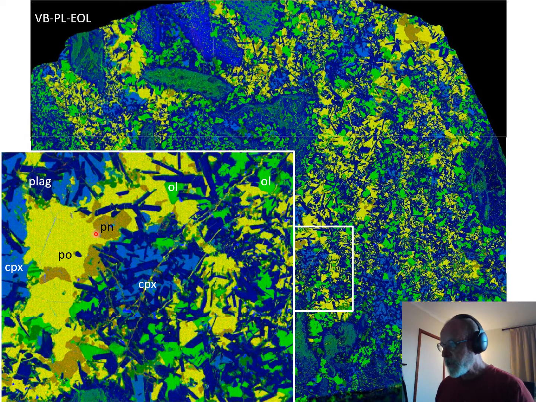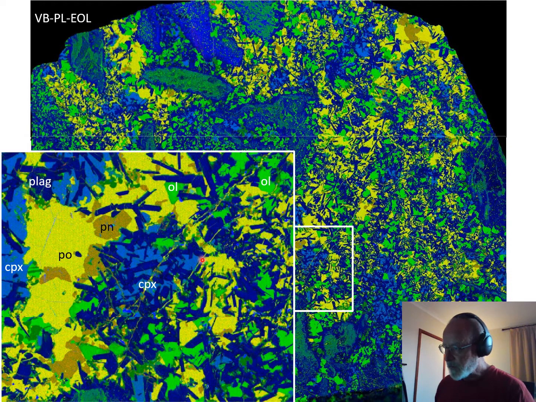And what we see is that the yellow material here is all sulfide. That's pyrrhotite and pentlandite. The light blue material here is clinopyroxene. And these are big single crystals of clinopyroxene. That's one single crystal that contains hundreds or thousands of grains of plagioclase. And also contains crystals of olivine, which is the light green material here. All of this light green stuff here is olivine.